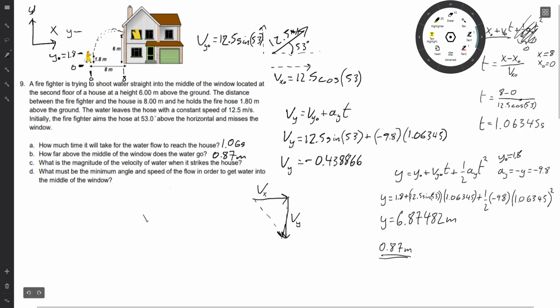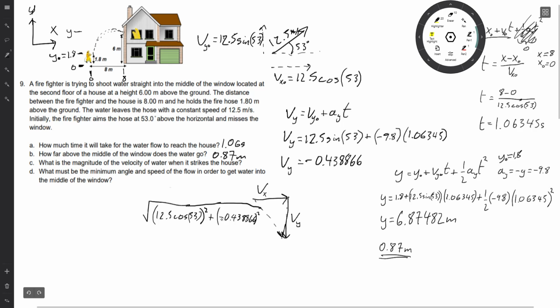So that's going to be the square root of (12.5 cosine of 53) squared, plus, now I suppose, negative 0.438866 squared.